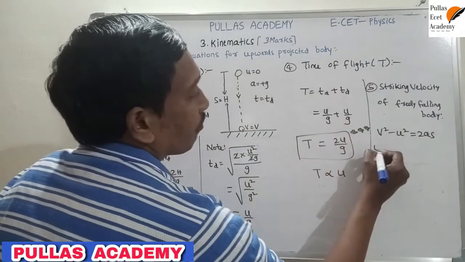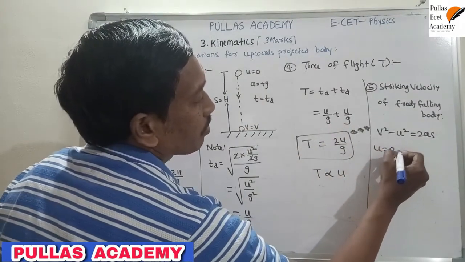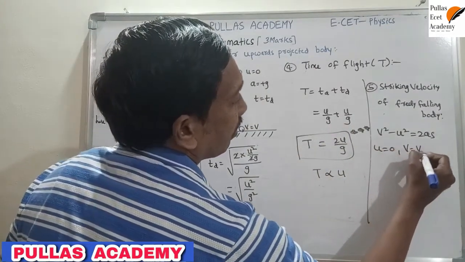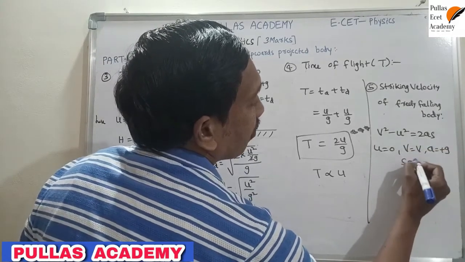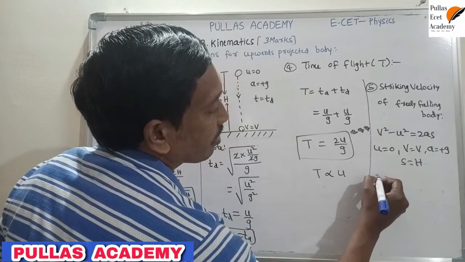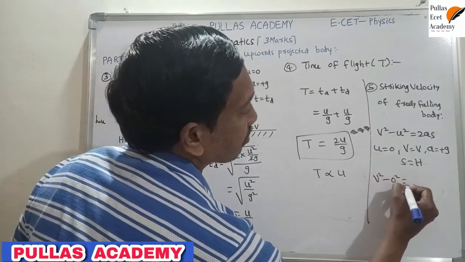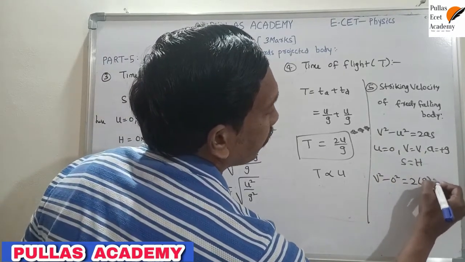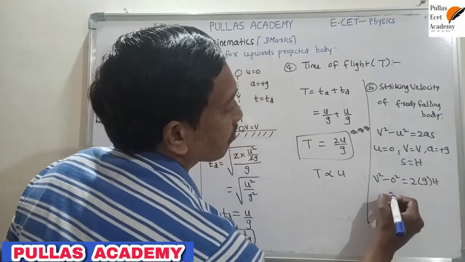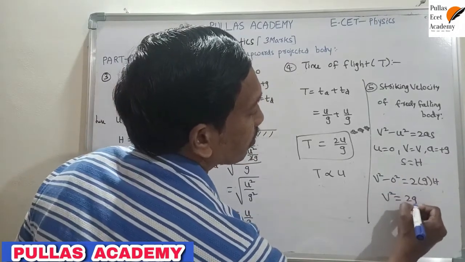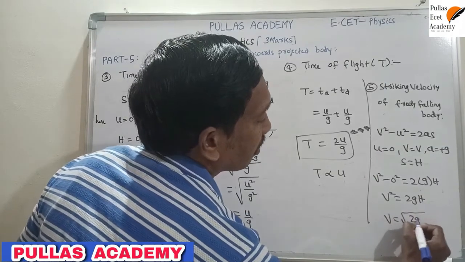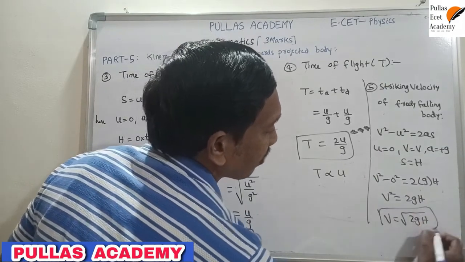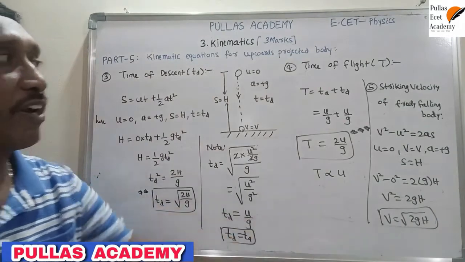For a freely falling body, u is equal to 0, v is equal to v, a is equal to plus g, and s is equal to height. Substituting these, v square minus 0 square is equal to 2 into g into h. That means v square is equal to 2gh, then v is equal to under root of 2gh. This is the formula for striking velocity in terms of height.